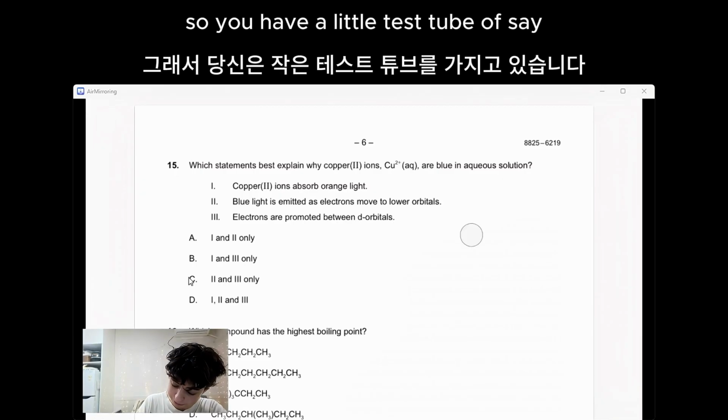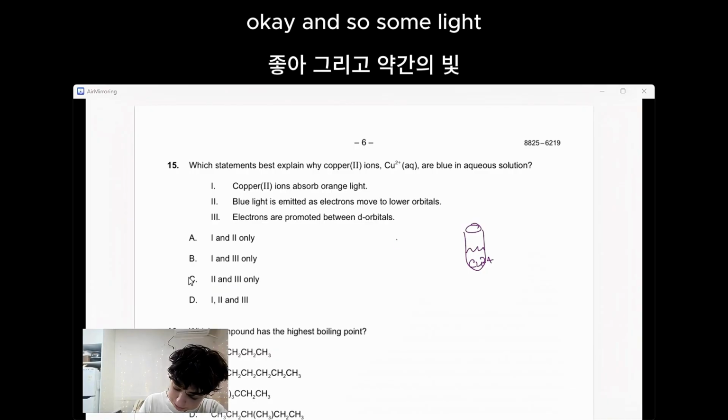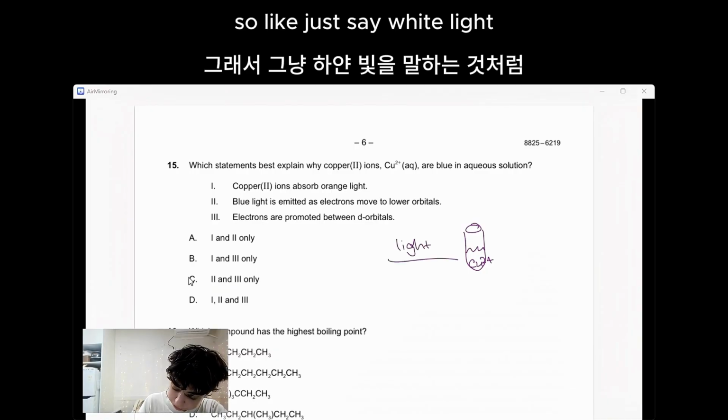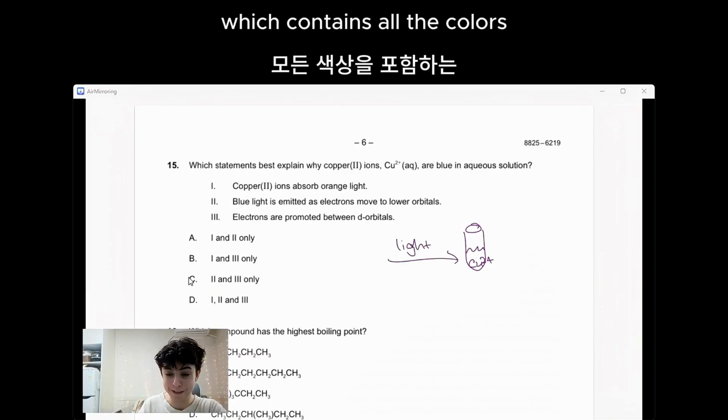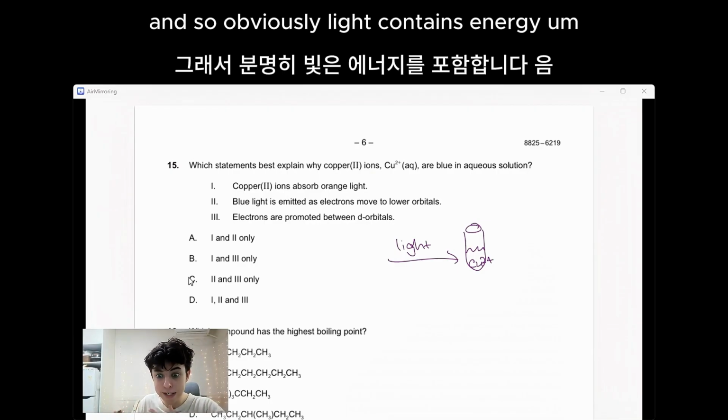So you have a little test tube of, say, some copper 2 plus ions. So I'm just going to go copper 2 plus, okay? And so some light, like just say white light, which contains all the colors, is passed through the solution. And so obviously light contains energy.